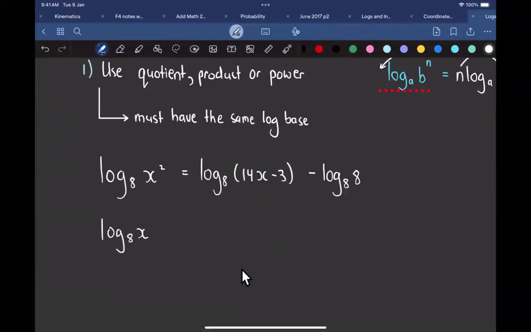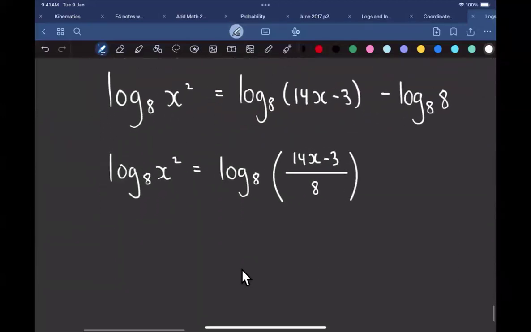Use the quotient rule. So that will be equal to log base 8 of (14x minus 3) over 8. Can I drop logs at this point?